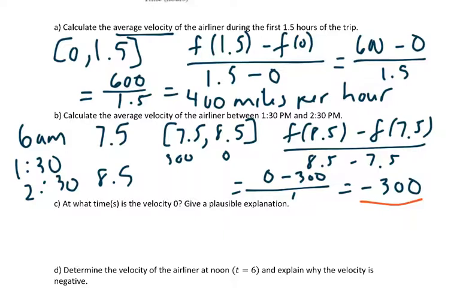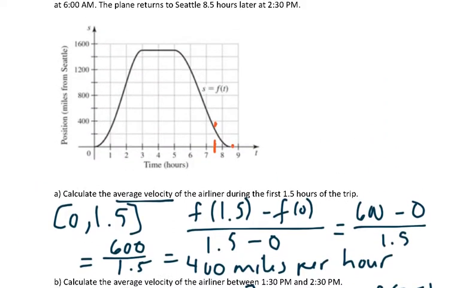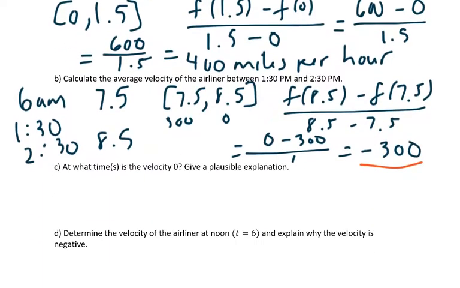At what time or times is the velocity 0? Give a plausible explanation. So remember, the velocity tells us our rate or our slope. So we're looking for places where the slope is 0. And it looks like up here at the top, so between like 2.8 and 5.2 hours.